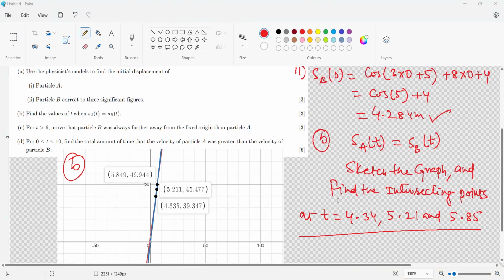So we need to show that after t is equal to 6 seconds, the particle B distance from the origin is always greater than particle A distance from the origin, right?